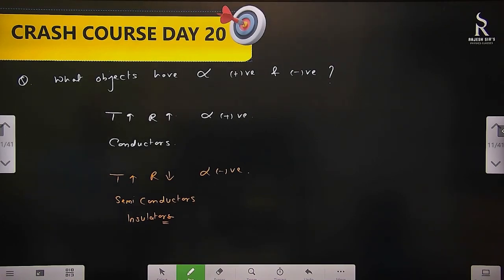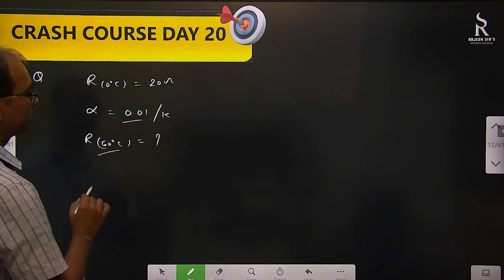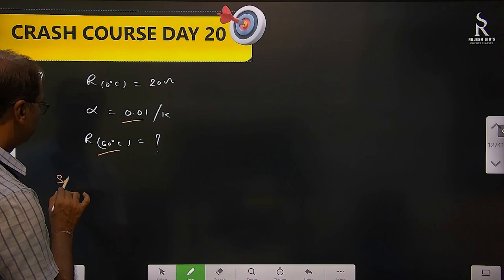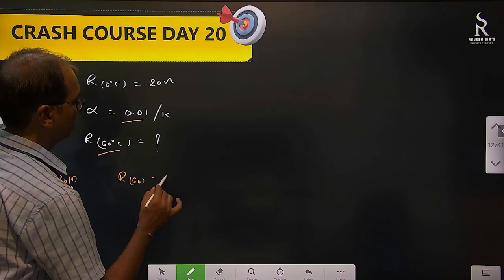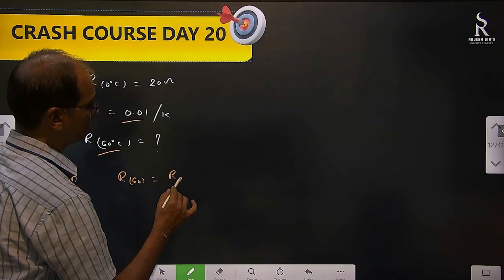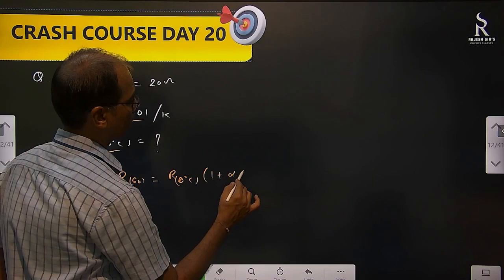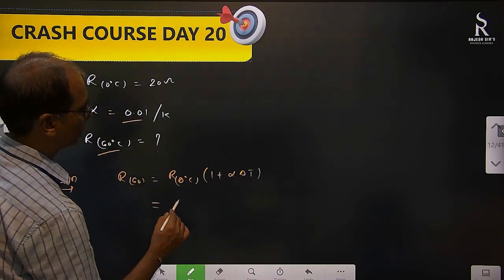Alright. Then, there is a question now. R at 0 degree centigrade is 20 ohm, alpha is 0.01 per Kelvin, and you have to find R60. Direct formula based question, right? So solution: R at 60 equals R at 0 into 1 plus alpha delta T. That's it. This is 20.